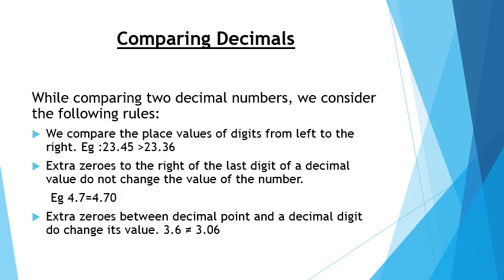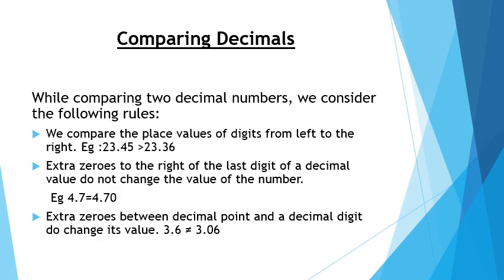So let's take an example. The first number on our left is 23.45, and on our right is the number 23.36. Now when we look at the tens place, in both the numbers, the tens place is occupied by 2, so it is same. The ones place is occupied by 3, again it is the same.